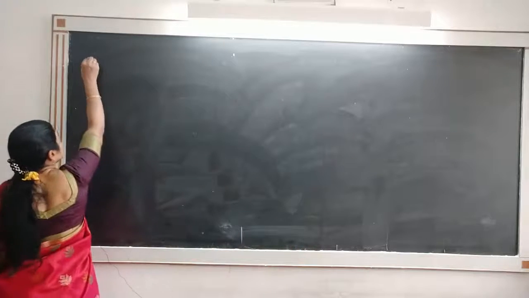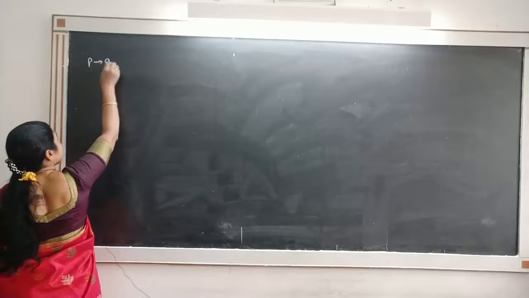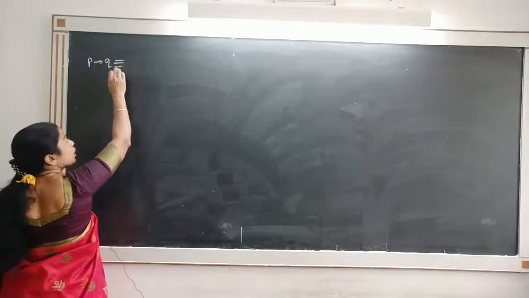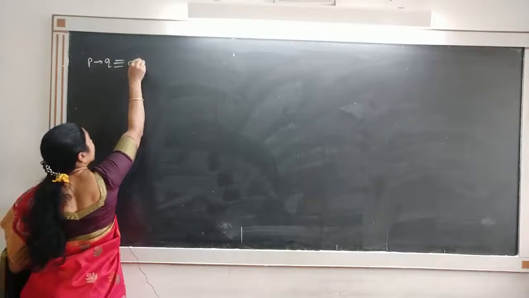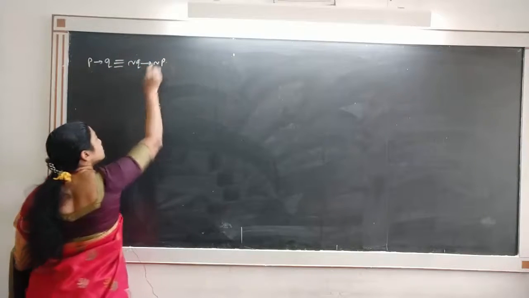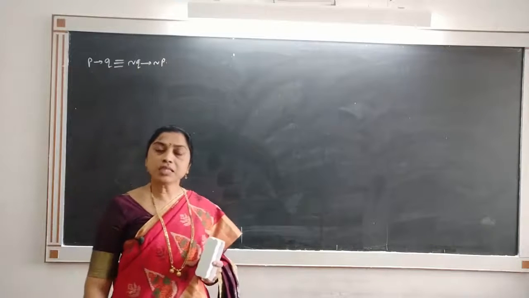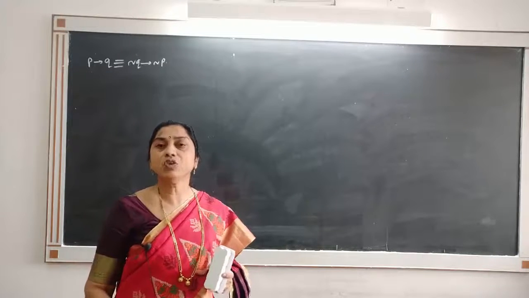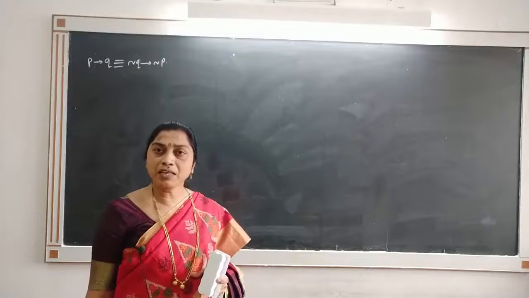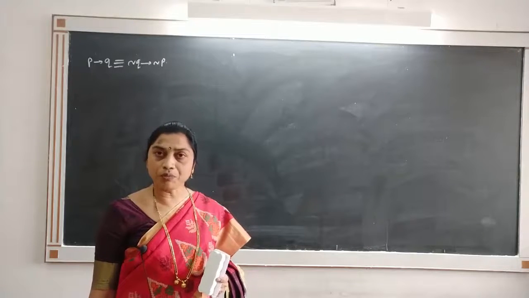That is, P implies Q is logically equivalent to its contrapositive, that is, negation Q implies negation P. This is known to us, and therefore the same definition, x1 not equal to x2 implies that f of x1 not equal to f of x2.